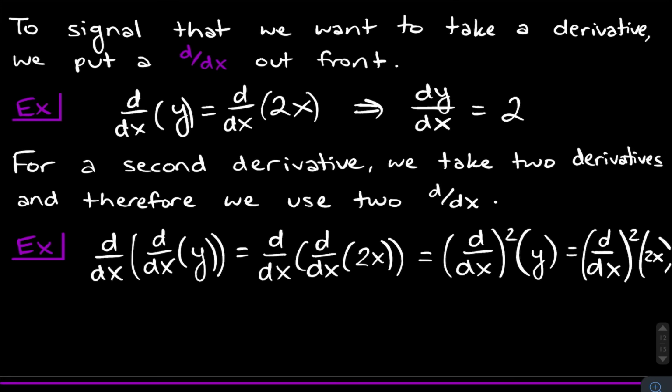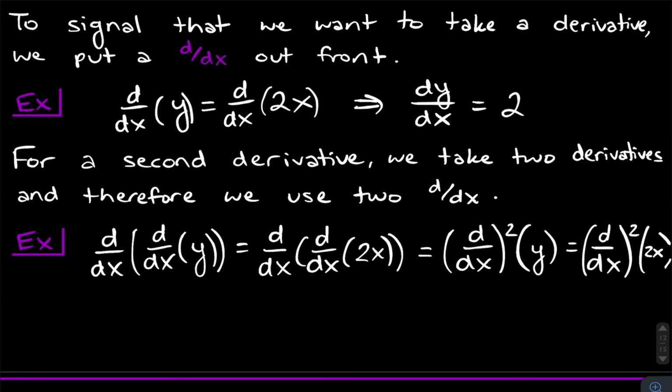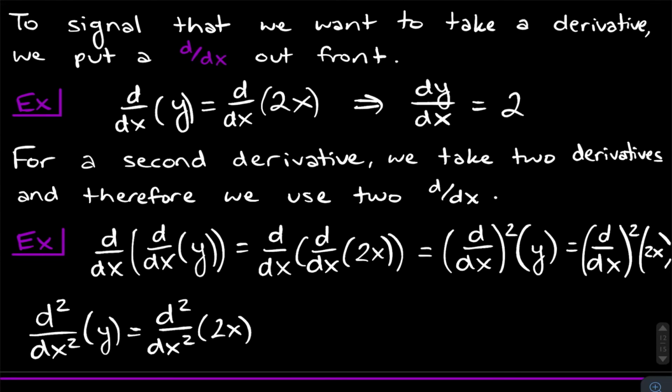Okay? And so what we can do is write that as d squared over dx squared on y equals d squared over dx squared on 2x, right? I know this is a bunch of different variable stuff here, but realize, we know what these variables mean. I've talked about that.